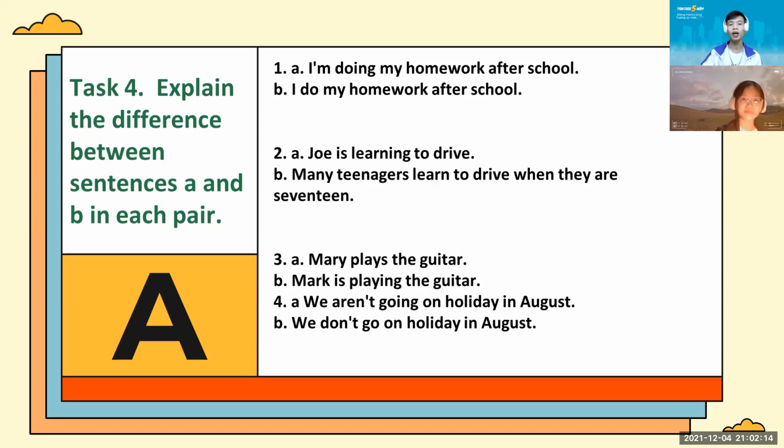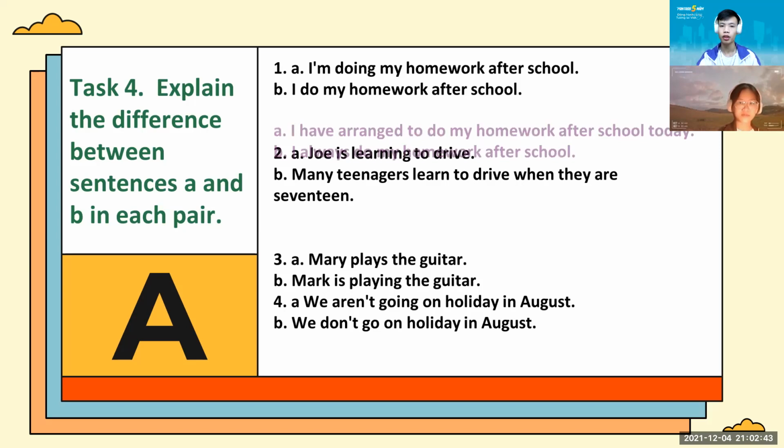Now, number one. Number one A is we use the present continuous for a future arrangement, and one B is we use the present simple for something that happens regularly. Now let's check.